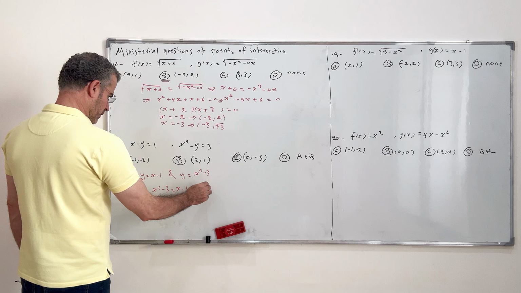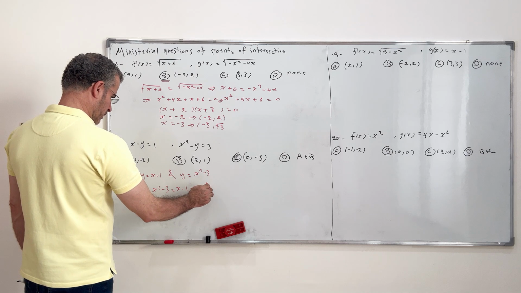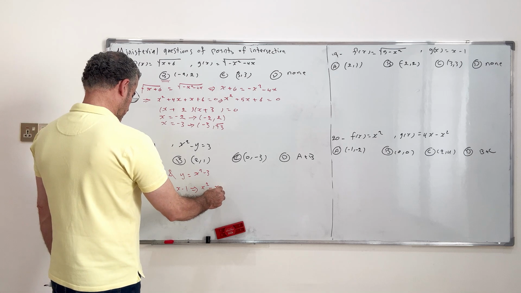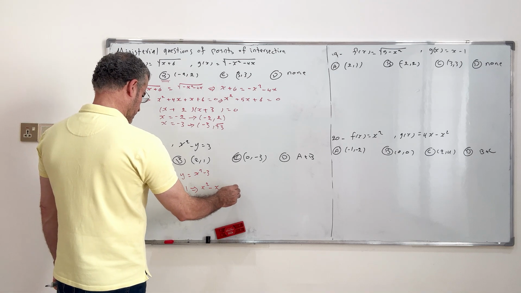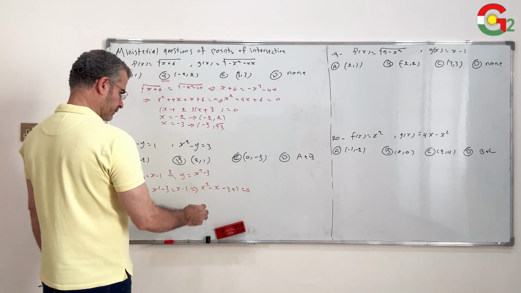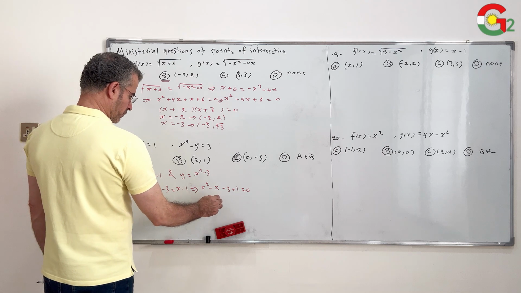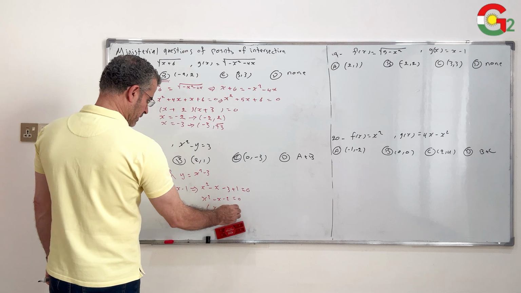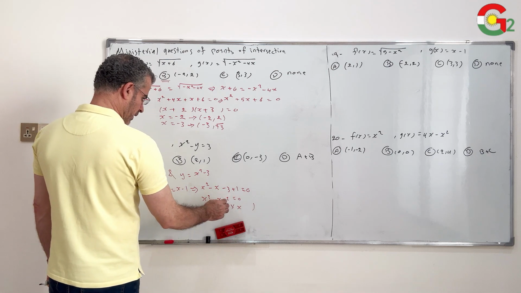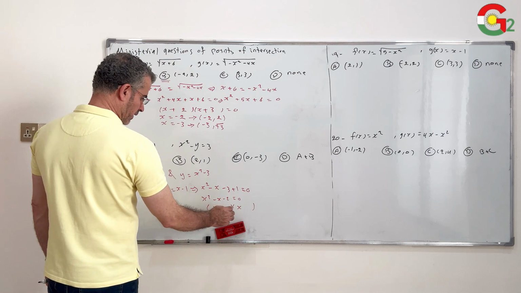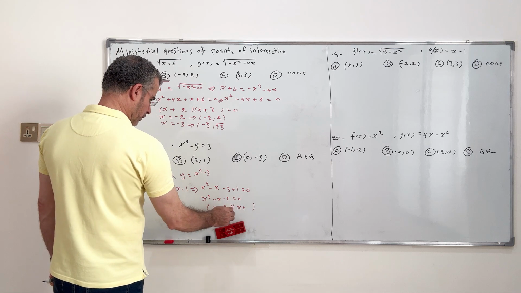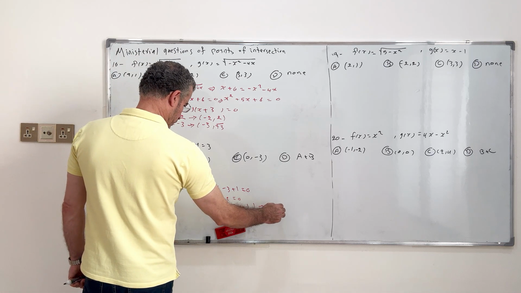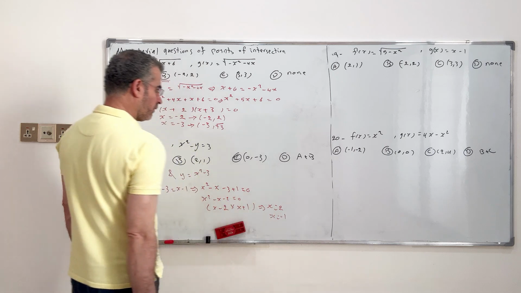Take it to one side, x square minus x minus 3 plus 1 equals 0. Then x power 2 minus x minus 2 equals 0. Then by experiment, negative 2, positive 1: either x equals 2 or x equals negative 1.